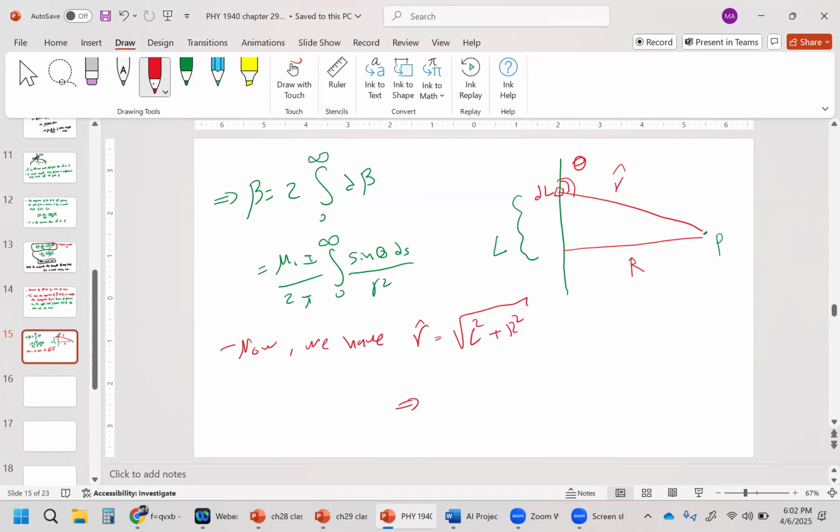Which means that sine of the angle is going to equal your big R over your small r. In this case, it'd be big R divided by the square root of L squared plus R squared.